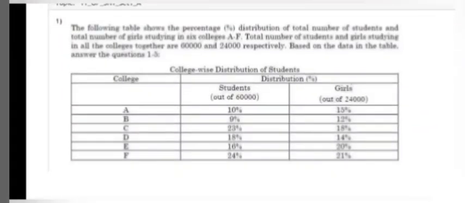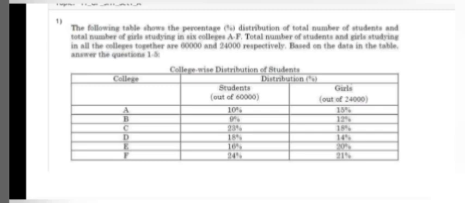Next is saying the following table shows the percentage distribution of total number of students and total number of girls studying in 6 colleges, A to F. Total number of students and girls studying in all the colleges together are 60,000 and 24,000 respectively. Based on the data in the table, answer the questions from 1 to 5.